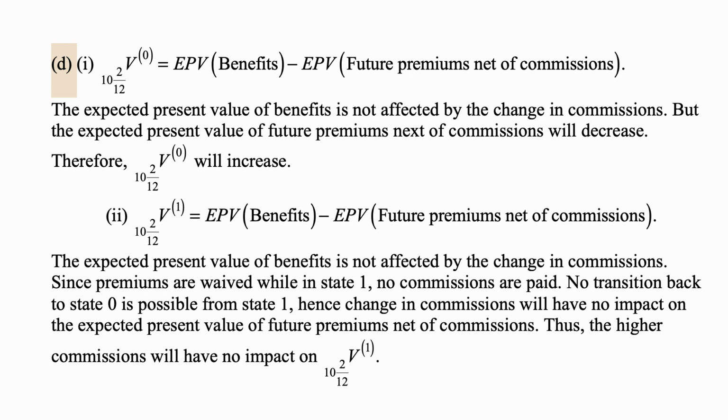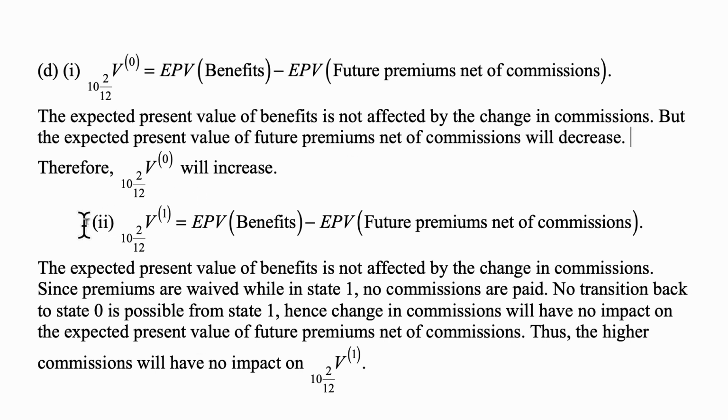The expected present value of benefits is not affected by the change in commissions, but the expected present value of future premiums net of commissions will decrease, because the commissions are increased and the premium is unchanged. Therefore, the reserve will increase.